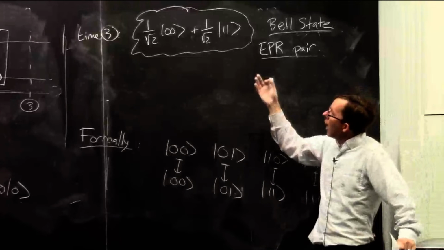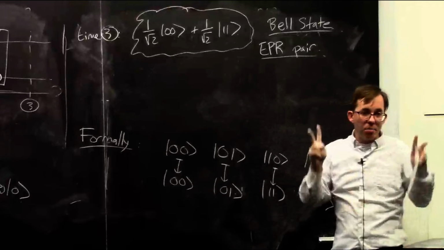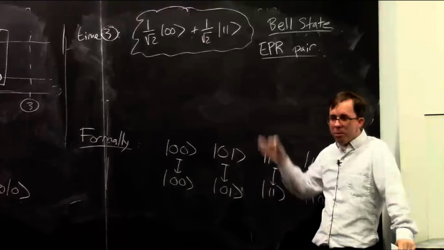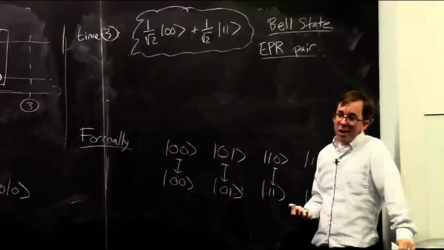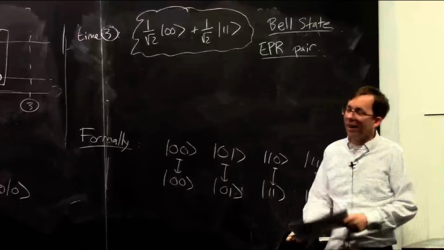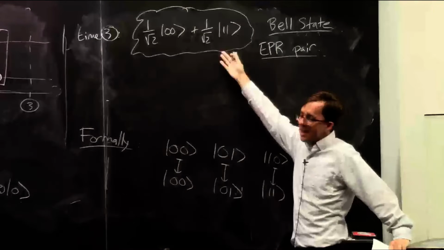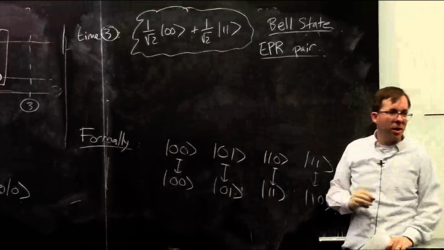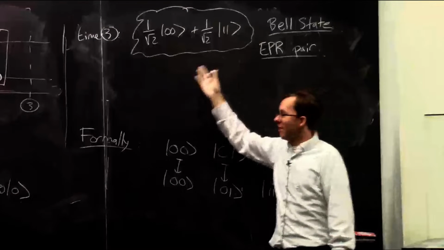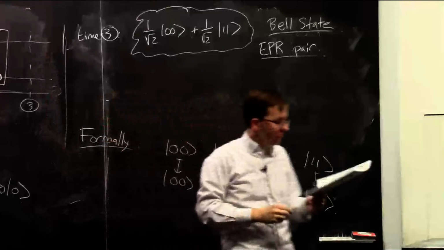They cooked up this state and used it to illustrate a paradox in quantum mechanics, the EPR paradox. Later, people said there's no paradox, that's perfectly fine. I'll talk about this whole thing later, but this is just to say why this state got the name the EPR pair. As I said, it's a very interesting state, and you can do lots of interesting things once you get your photons out of this tiny quantum circuit.